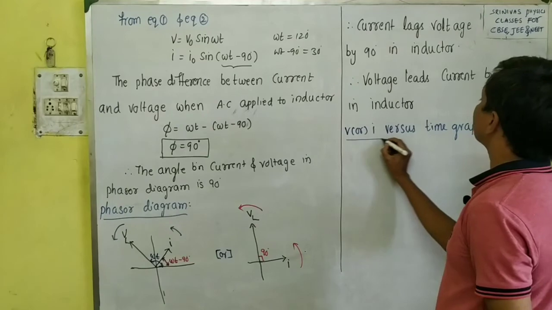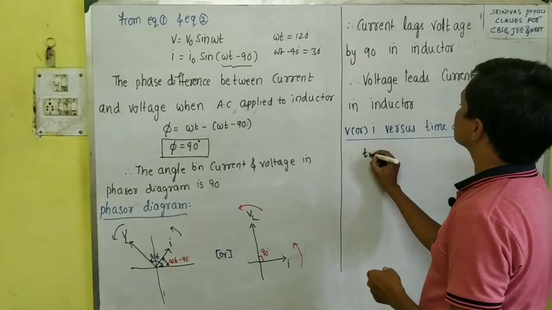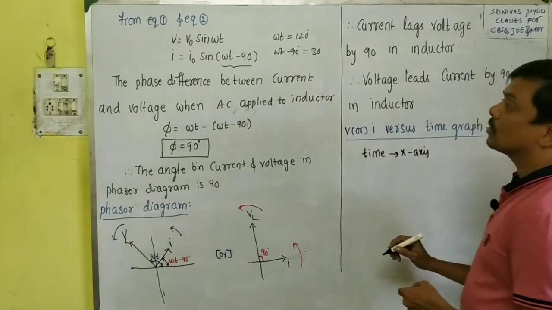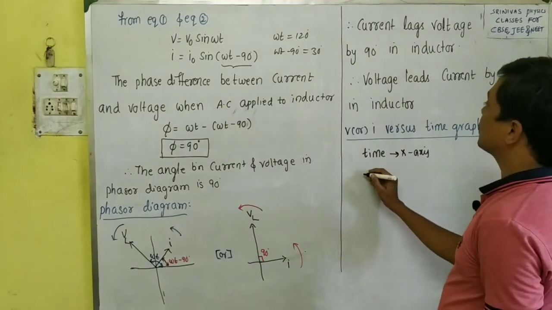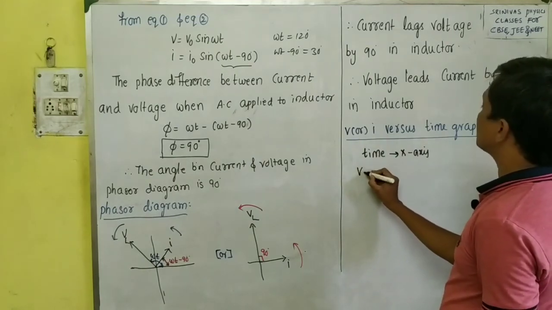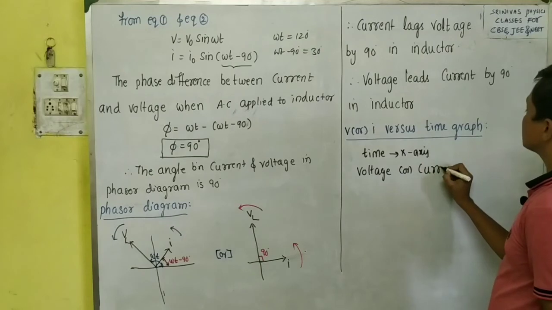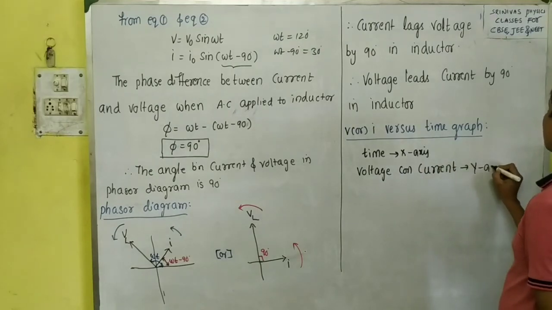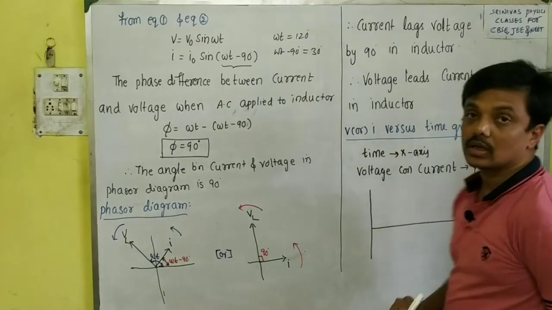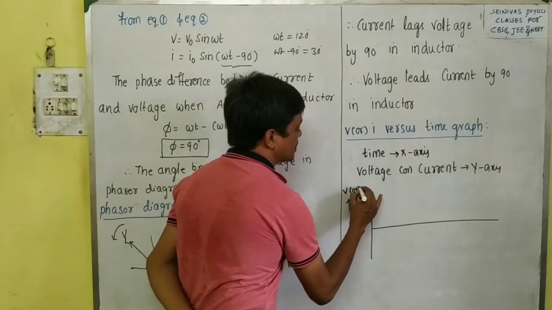I will take time on the x-axis, and the voltage or EMF or current is taken on the y-axis. Let us draw the graph, how it will be.